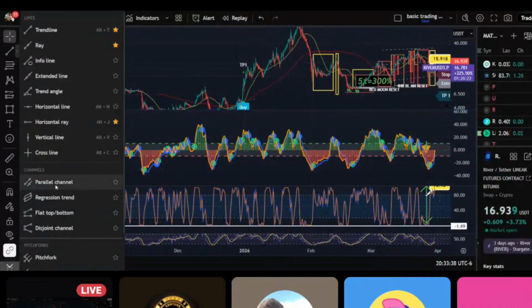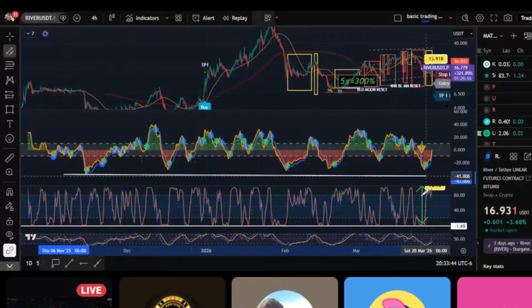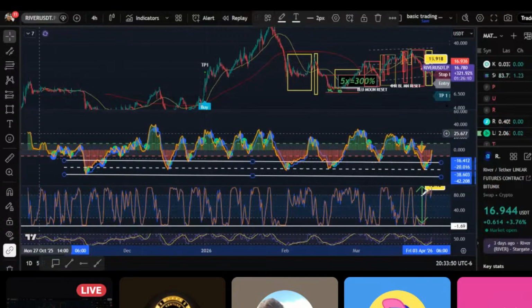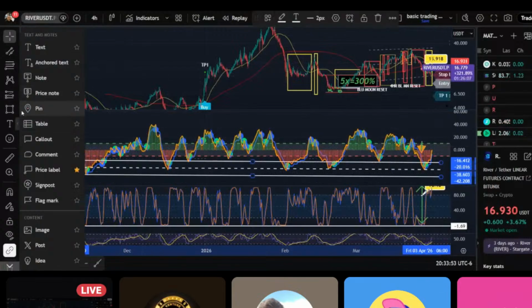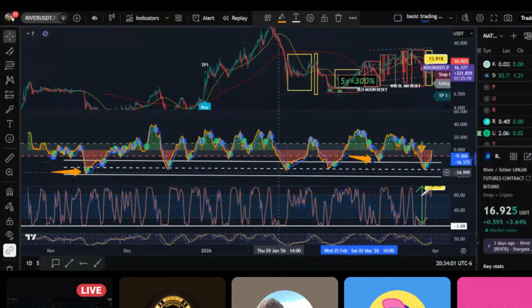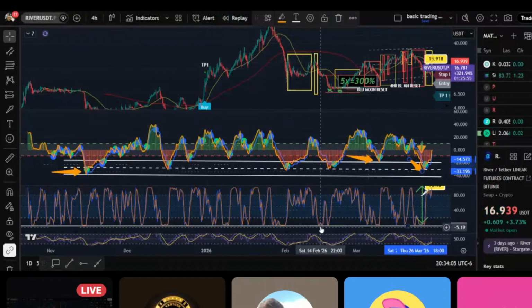So you have your channel, and then we go to the lowest channel that we've seen, and then take the highest one, which is here, right? And this will create a thing. So we have our lowest level here, we have our highest level here, and then you can see how that's the middle level, right?